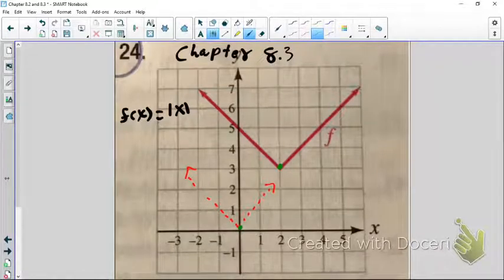So the great thing about this, if you start looking at the type of questions that they give you, is that most of them will have these little arrows going upwards, which tells us that when we look at the domain, which will be the numbers that are representing in the x-axis, we get to see that if I begin somewhere out there in negative infinity and I start looking for where the x's are being used, we see that this arrow is going to continue to the left all the way through to somewhere out in negative infinity, but it's still going to be used as we go through it.